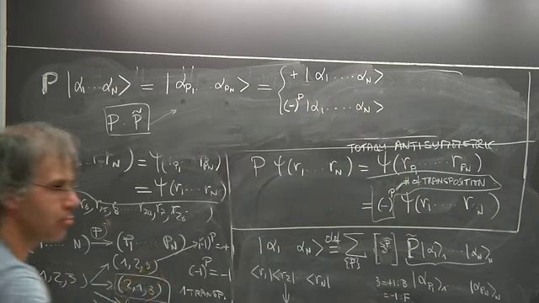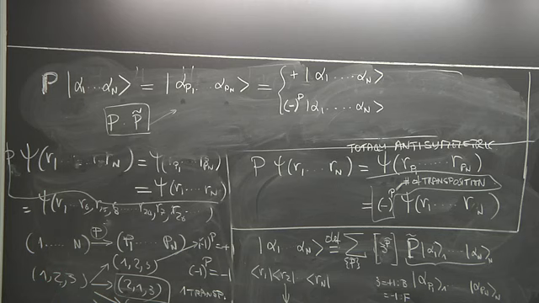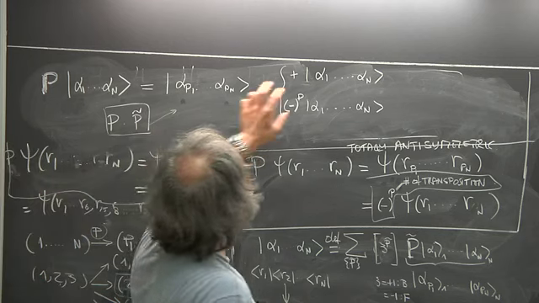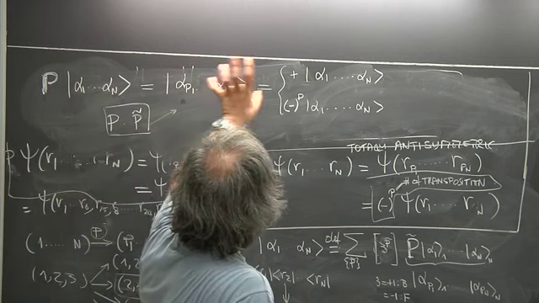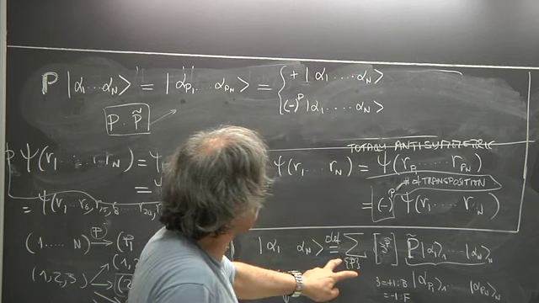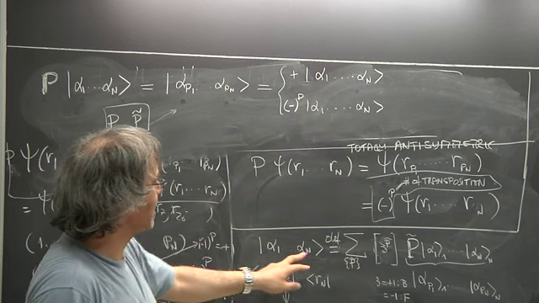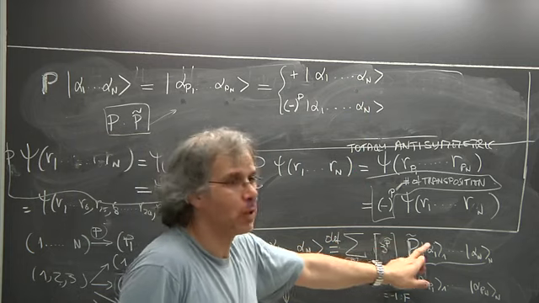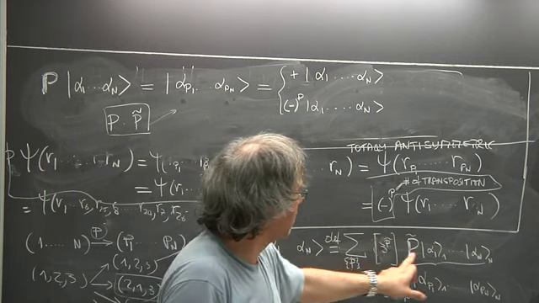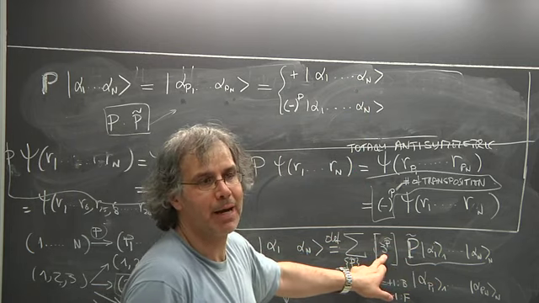So let me try to comfort you again. Each of those objects, this and this, should be constructed in this way. You should take the label, sum over all possible permutations of the labels, putting possibly a plus or minus sign.